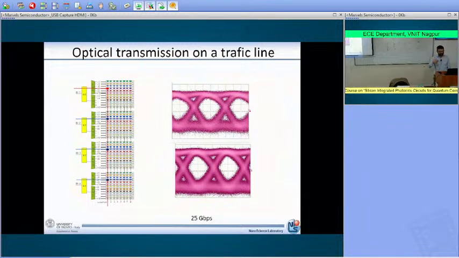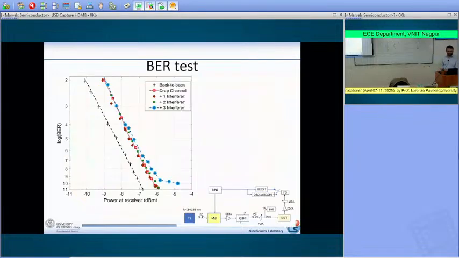You see the eye diagram before and after having added or dropped a channel from the line, and the eye is open. You can also look at the bit error test, and you do not add any significant penalty by using the optical switch. So everything looks like it works.